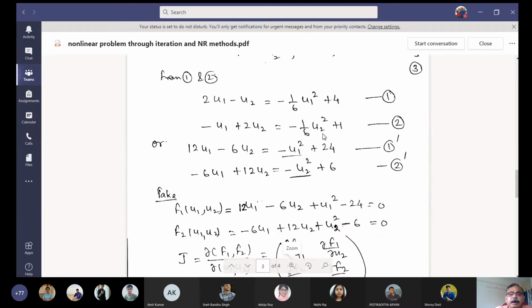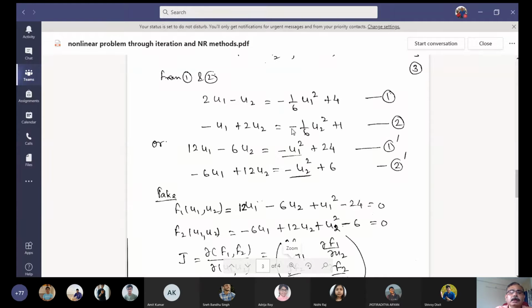It is just multiplied by 6. So it will be minus 6 u1 plus 12 u2, and then minus u1 square plus 24. From where is the 24 coming? The first equation is multiplied by 6. Oh, that is first. Okay, so this is 6 into 4, that is 24.